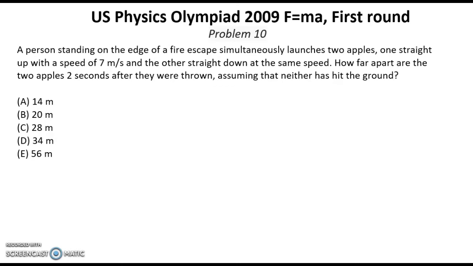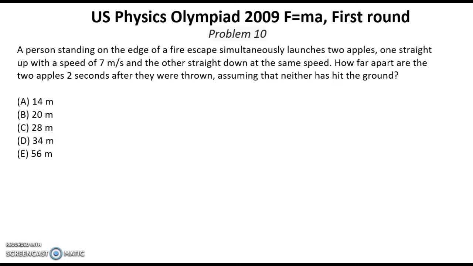Solution. In this kind of problem, the best way is to choose a proper frame of reference. In this case, we can choose a frame of reference which starts to move down with the acceleration g. In that frame of reference, our apples will move with constant velocities.